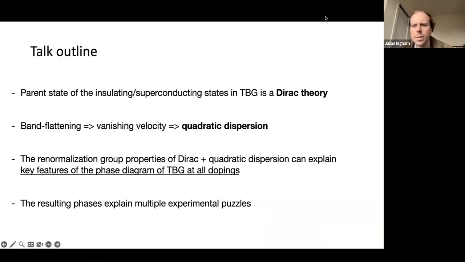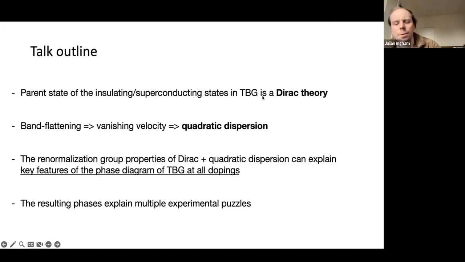So the skeleton of the argument in this talk is basically that there is good experimental evidence that the normal state which births the superconductors and correlated insulators in twisted bilayer graphene is a certain theory of Dirac fermions.